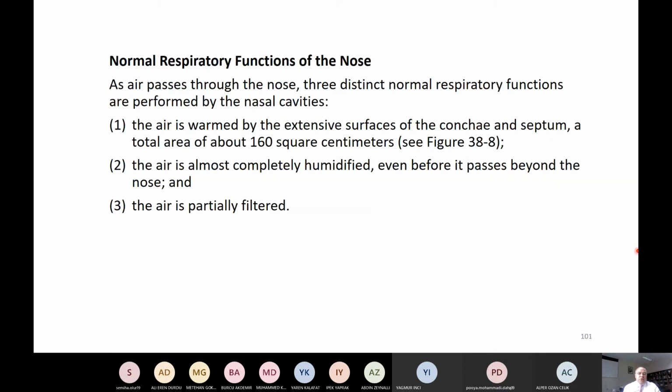Now, normal functions of our nose. So our nose is very, very important, maybe more than we are aware of. We can understand the importance of the nose in patients with a tracheostomy, okay?